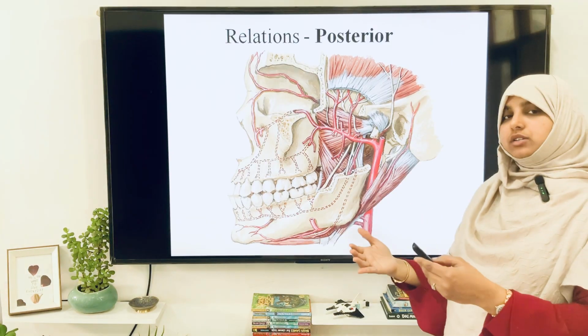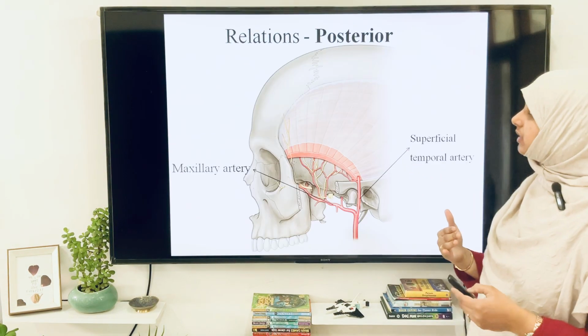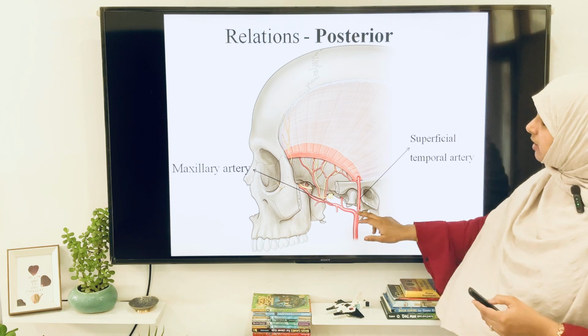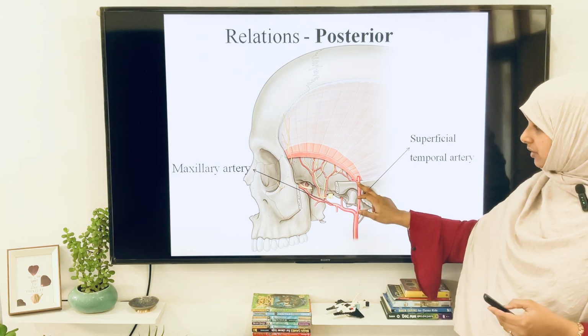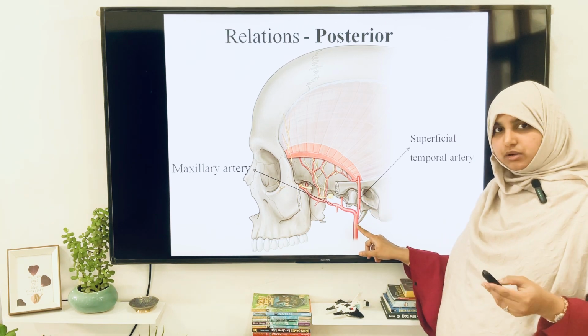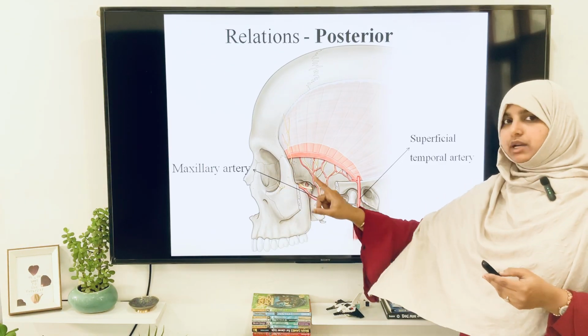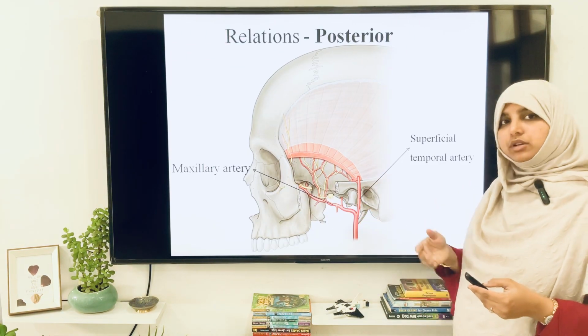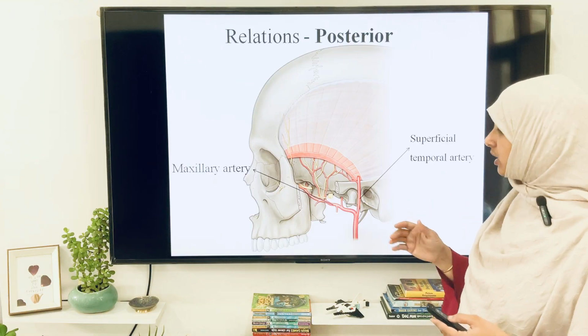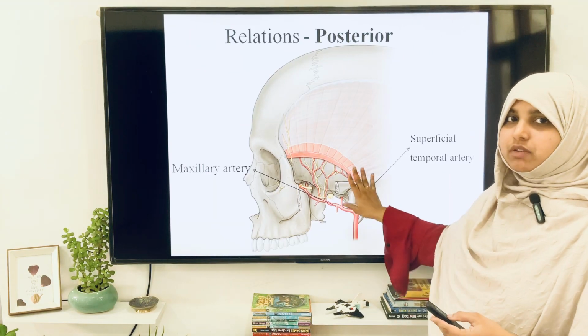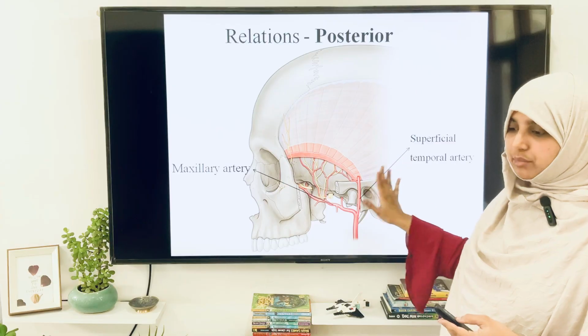So these are the different structures related posteriorly. Here again we have the superficial temporal artery also. Just a quick recall: the external carotid artery divides into two, anteriorly into the maxillary artery, and above it continues as the superficial temporal artery. So in the posterior relation we will also have the superficial temporal vessels.